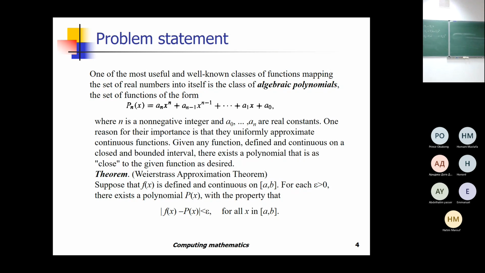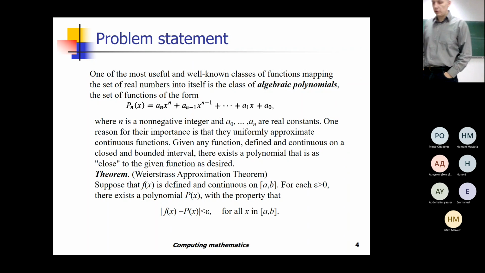And one of the reasons why the polynomials are very important is that, first of all, these polynomials are very simple. It's very simple to write this polynomial.